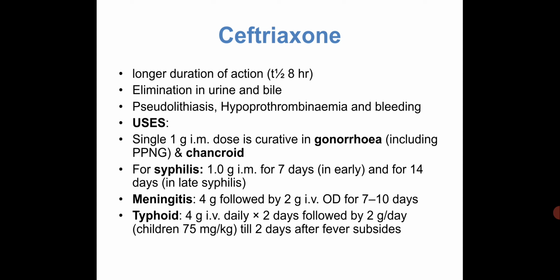Ceftriaxone is given 4 gram IV for the first 2 days, then 2 gram per day for Salmonella typhi, until the second day after the fever subsides.